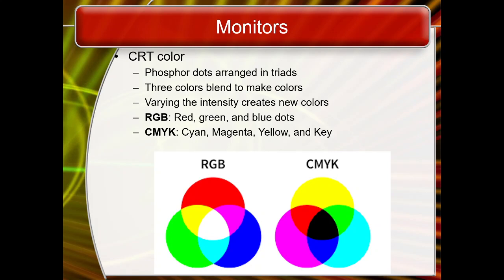Number one is RGB, the abbreviation of red, green and blue. On the left side we can see these three colors, red, green and blue. The other scheme is CMYK, cyan, magenta, yellow and key. These two schemes are used in CRT monitors, and their variation of intensity creates new color.